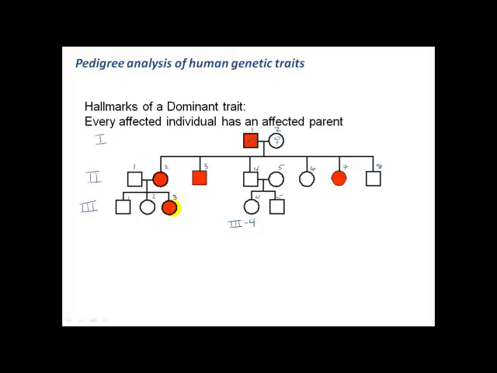Maybe we're looking at something like freckles or some other innocuous trait, but a lot of times when pedigrees are being analyzed, it is in the context of trying to understand how a disease that affects humans is passed on across the generations. So when we're looking at a pedigree, we need to be thinking about the inheritance patterns that we saw previously in our discussions of monohybrid crosses.